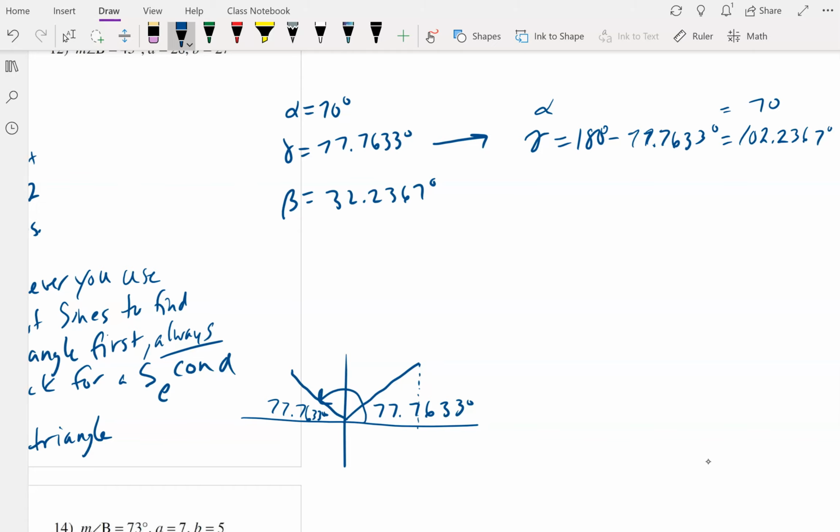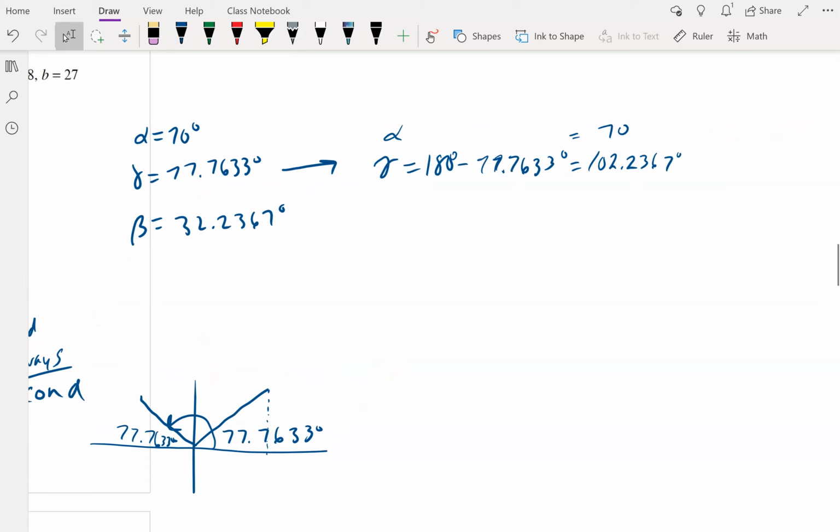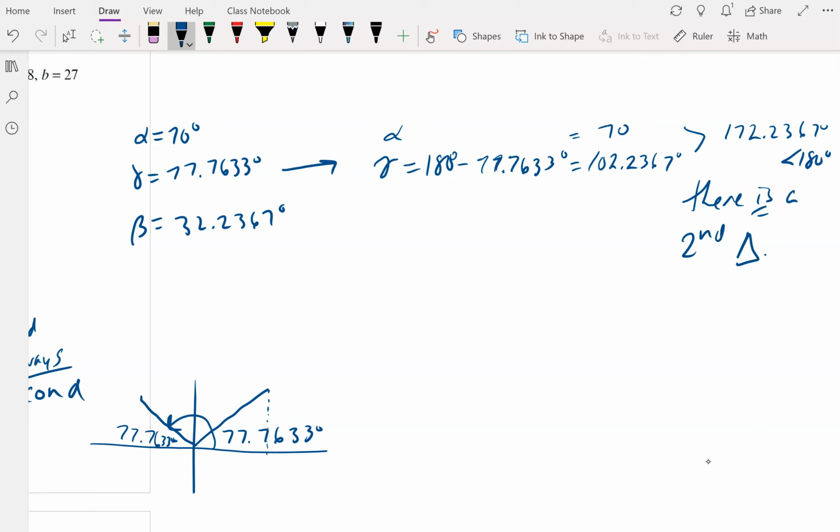Does this add up to less than 180? Well, when we add these two together, we get 172.2367, which is less than 180 degrees, which means there is a second triangle.